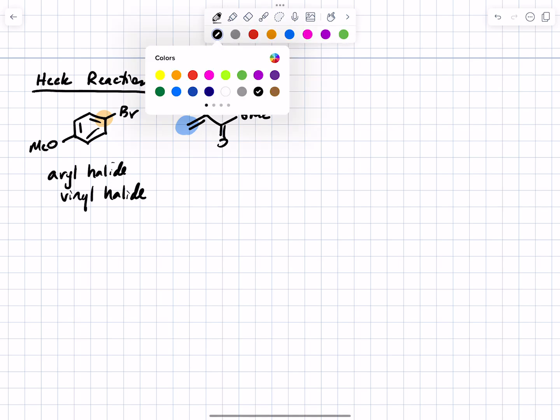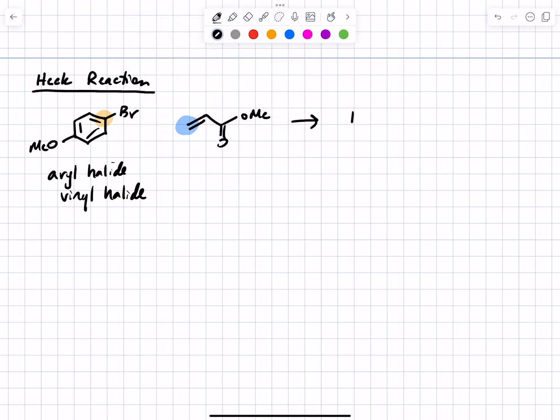So the new bond is going to go between the orange carbon and the blue carbon. Notice that on the side of the blue carbon, because we're putting a new group here, we're suddenly going to have stereochemistry, where there wasn't any to begin with. And the preferred stereochemistry is trans.